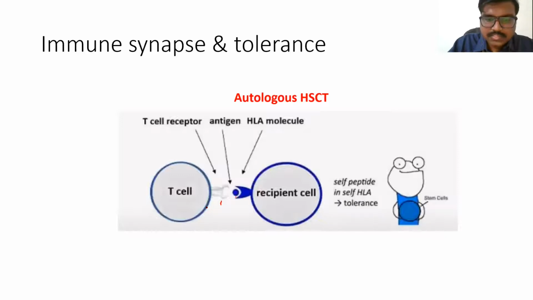Normally, the T cell and the cell it meets are from the same host, and they do not recognize each other as foreign, and that doesn't lead to an immune response. If the donor T cells are exposed to self peptide and self HLA antigen, it leads to tolerance and no immune activation. This happens in autologous transplant.